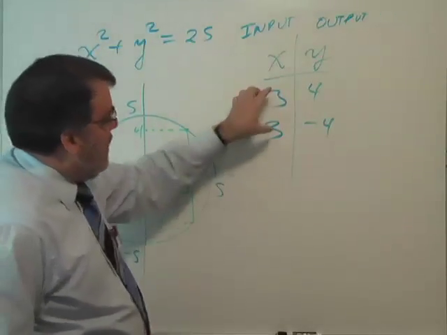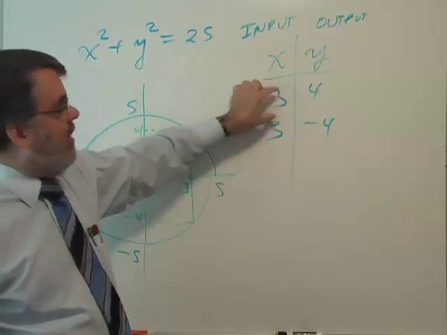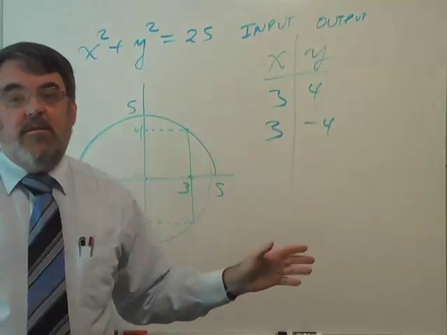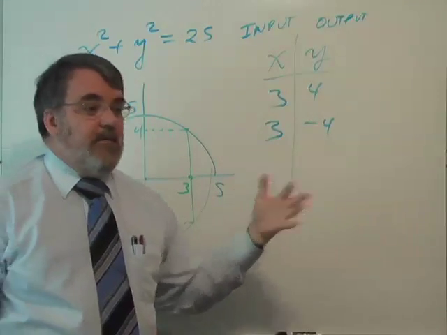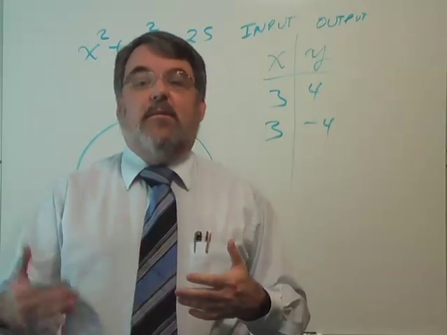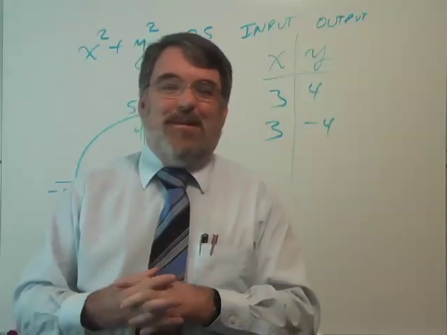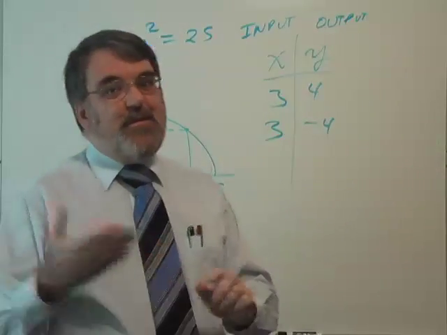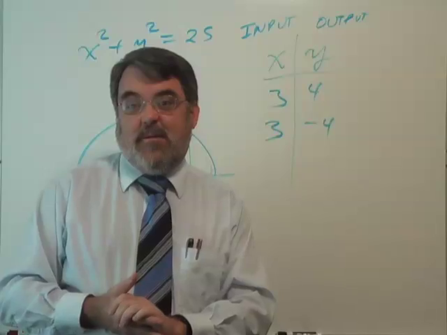So this single input of 3 leads to, in this case, 2 outputs. Other functions could give you more than 2 outputs. There are functions that give you infinitely many outputs. So you would study those first. You would first see them in a trigonometry course.